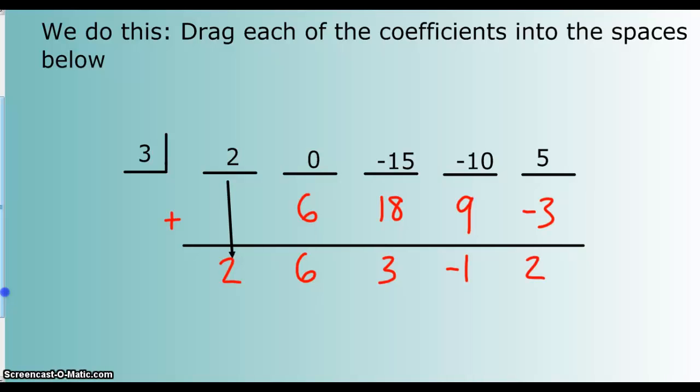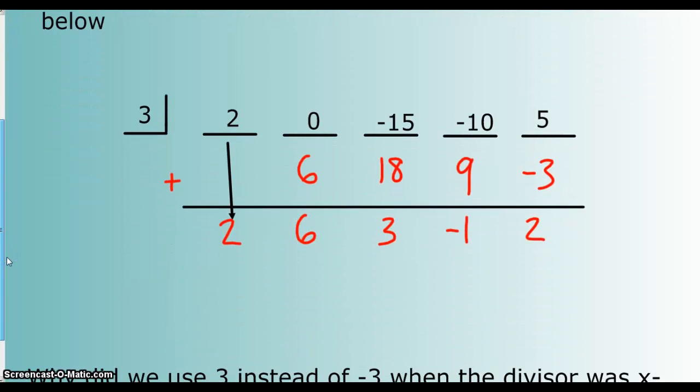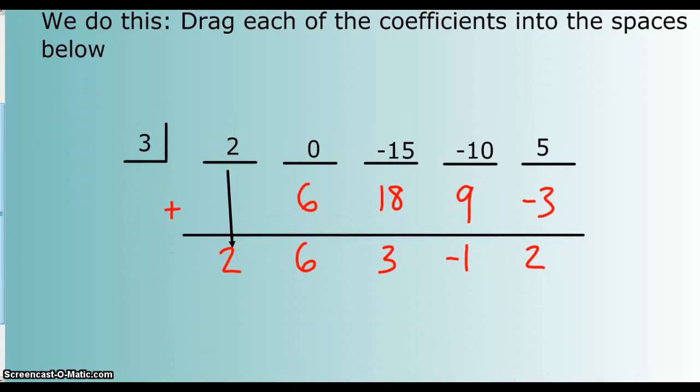Okay. What is the answer? Well, the answer is going to be whatever the highest power is that I started with on top, which if I look back up here was x to the fourth. I'm going to go down a power. So this is going to be 2x to the third. And then I have positive 6, so plus 6x squared.